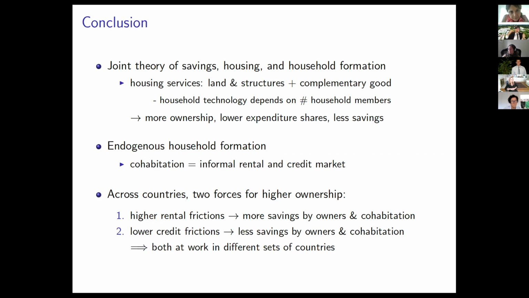While both higher rental frictions and lower credit frictions push for higher home ownership rates, they're going to have opposite predictions for cohabitation and savings. And I then concluded the talk by showing you that the data is consistent with Germany having lower ownership than Italy because its rental markets are super efficient, but lower ownership than Finland because its credit markets are less efficient.